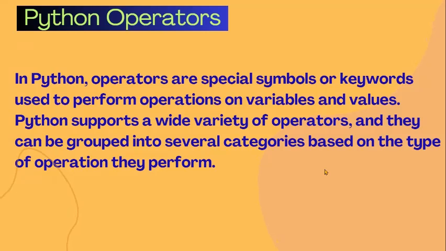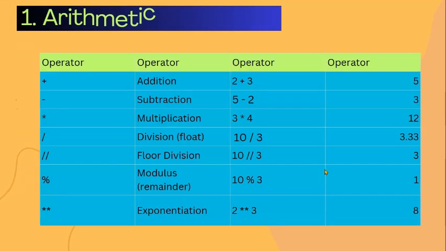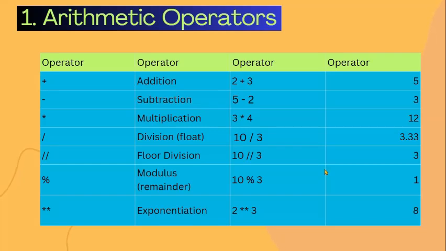Like you have seen some operations like plus, minus. These are the four types: plus, minus, divide, multiplication. These four we have learned in the junior classes. Now we have four types of operators here. Arithmetic operator.